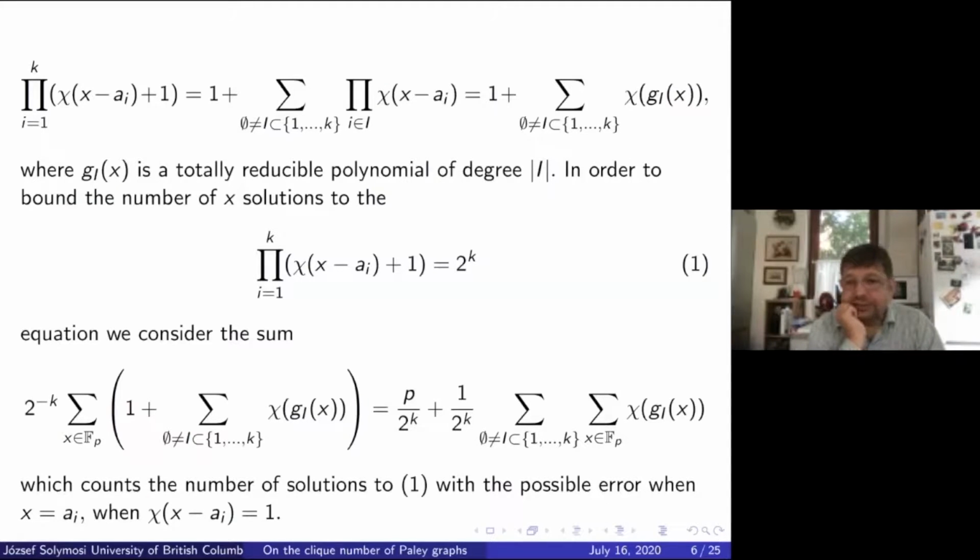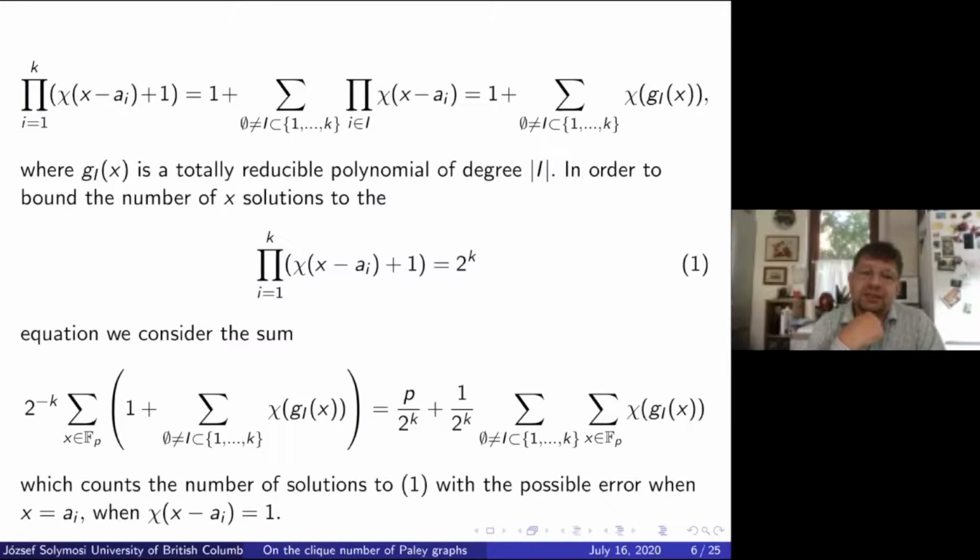Now, at this point, of course, you have to use the multiplicativity of this character. So you know that for every fixed I, every subset of the index set, when you have this I, then that's just a polynomial of degree the size of this subset, and chi of this polynomial.